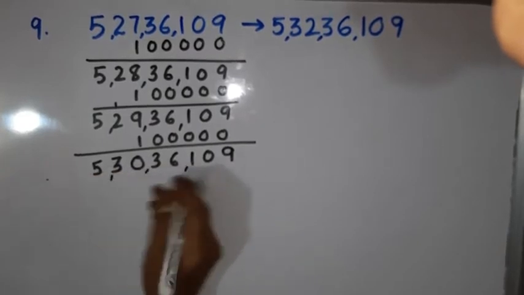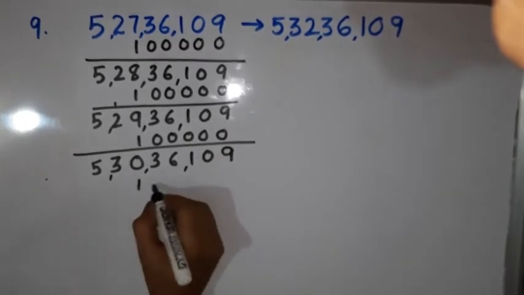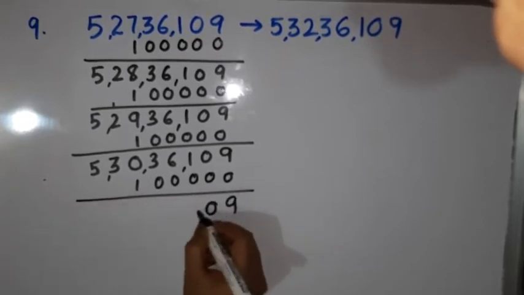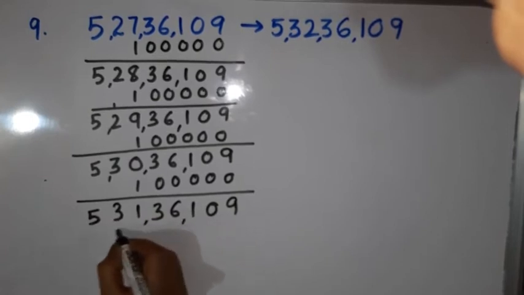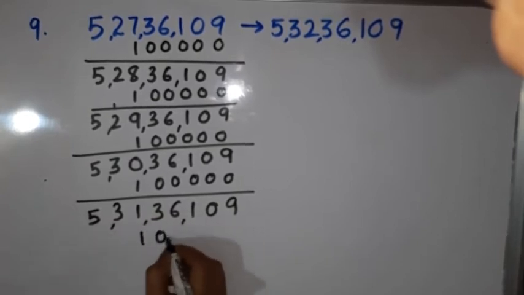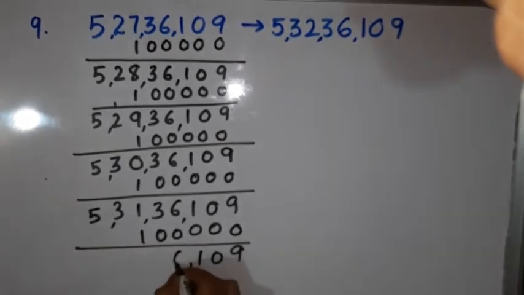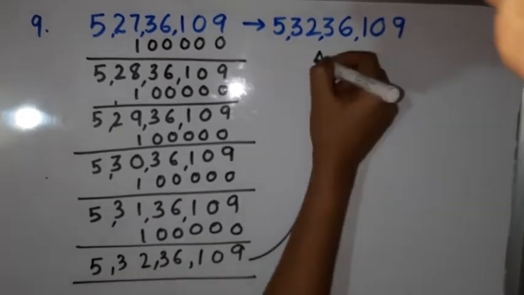We are almost there. You can see 5, 3, 2 and here we have reached 5, 3, 0. Let us add 1 lakh again. 1, 6, 3, 1, 3 and 5. Again we'll add 1 lakh. 9, 0, 1, 6, 3, 2, 3 and 5. So you can see we have reached this number.